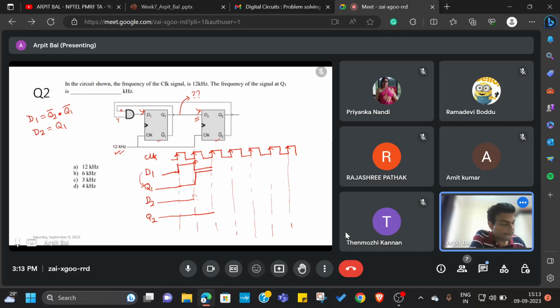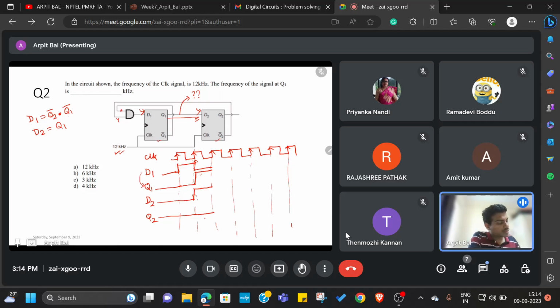Is that clear? Yes, clear. So here we observe that Q1 becomes 1 and Q2 is 0. Because Q1 is 1, Q1 bar is 0, and because Q1 bar is 0, D1 will be 0. That's why I shifted D1 from 1 to 0. D2 and Q1 are connected by a wire, so whatever the value of Q1, D2 will be the same.